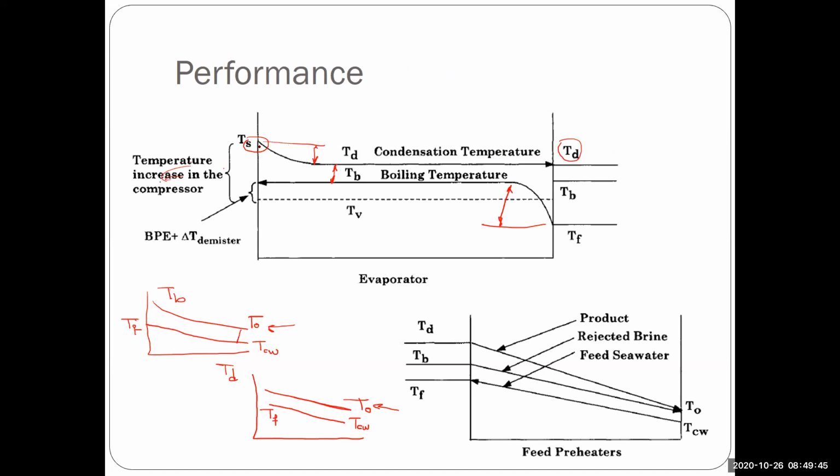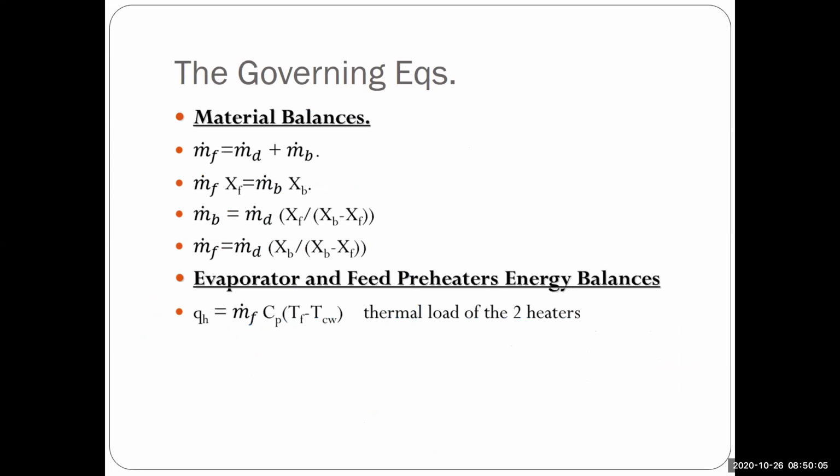So it will enter as TS, it will cool down first to TD, and then it will stay as TD, and it will leave the unit as TD. The brine also, the feed will be heated from TF to TB, and it will remain as TB to leave the unit as TB. So if I'm talking about the temperatures of the streams that are leaving the evaporator, we have distillate, which is leaving here at temperature TD.